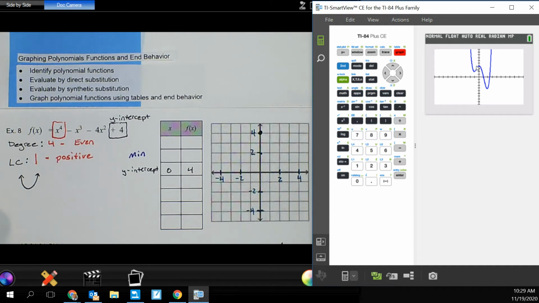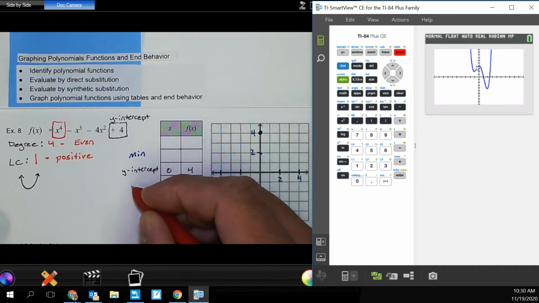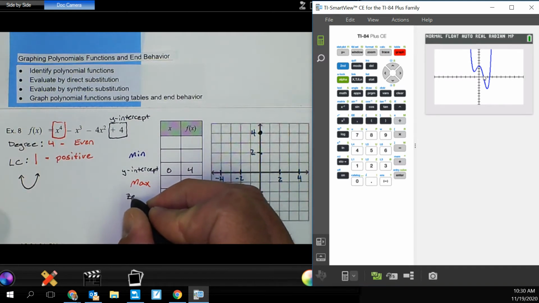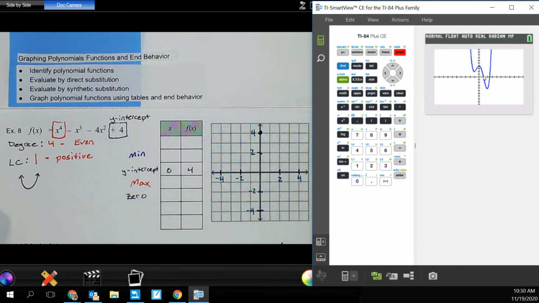So I'm going to write the y-intercept and I'm going to write max because I want to check for both of those things. As I continue, the next important thing is going to be the 0. So I'm going to write 0 on my table to make sure I find that point.